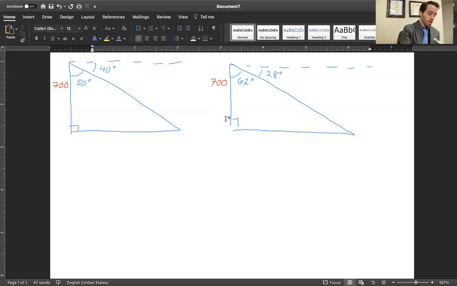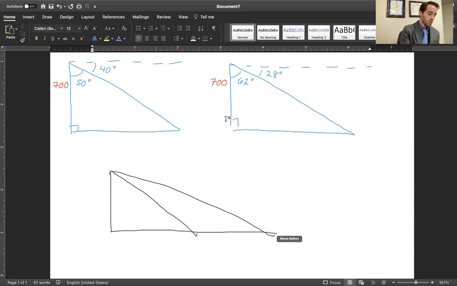If we look at this distance as being a certain amount, so this is x and this is y, then we can describe these two distances in terms of those two variables.